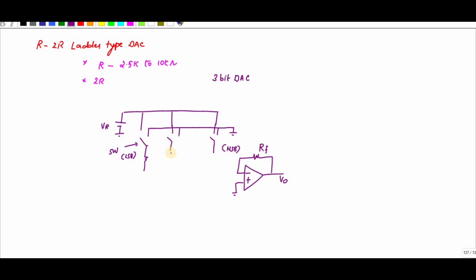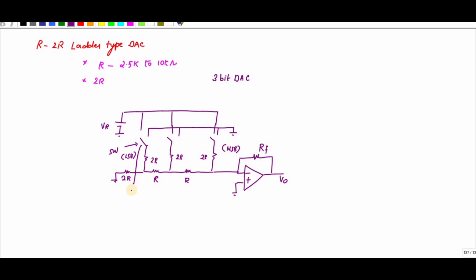It is connected to R-2R resistors. In between, I have a resistor whose value is R, and for the last one, instead of R, you have to connect 2R.